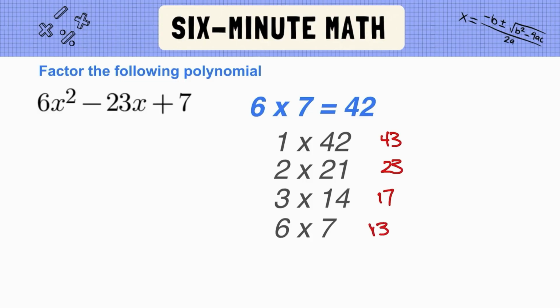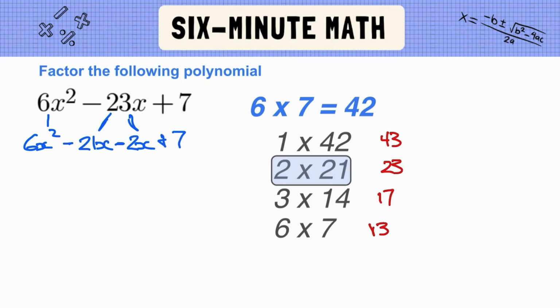I'm looking for two numbers that add to 23. So this is going to be 2 and 21. So let's split that up into 21x and 2x. Both of them are going to be negative to match up that middle b value. And then I can drop my A and my C.